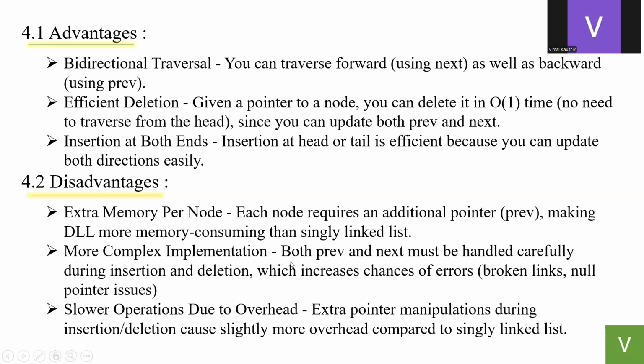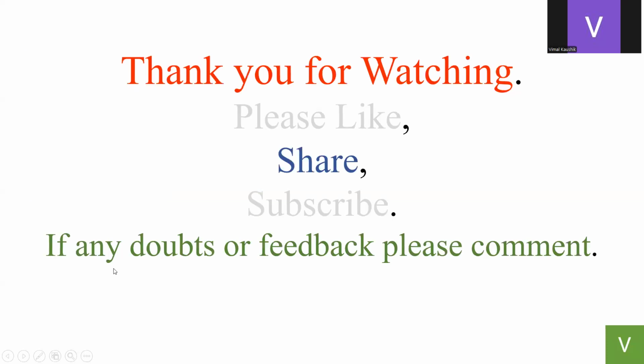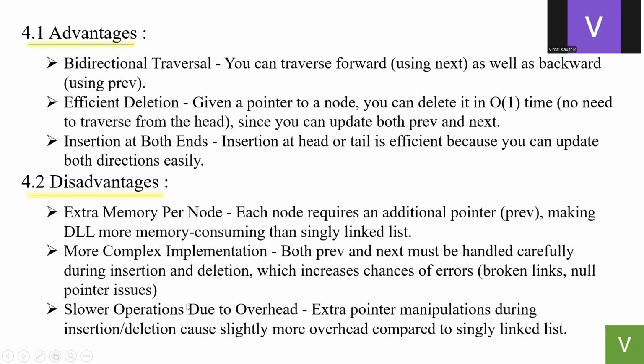So the logic is much tougher when compared to the single linked list. Both start and last node must be handled carefully during insertion and deletion. The third disadvantage is slower operation due to overhead. Extra pointer manipulation during insertion and deletion costs slightly more overhead compared to the single linked list. So these are the advantages and disadvantages of double linked list.